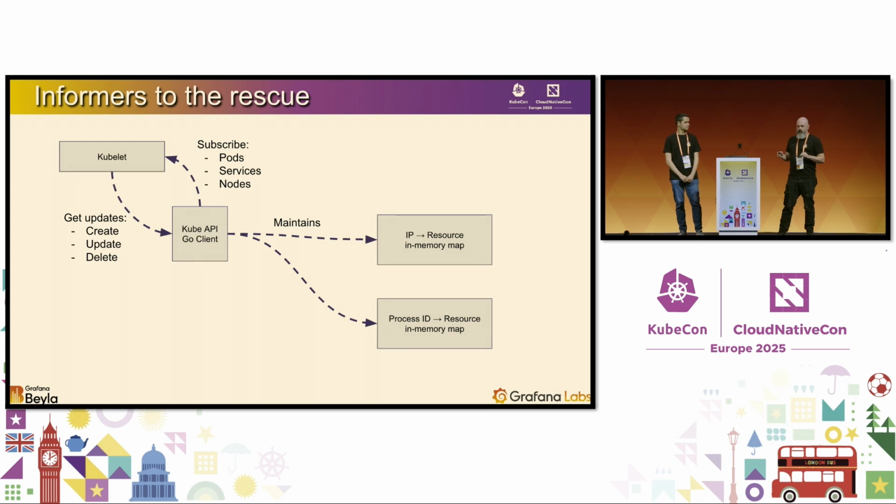Well, Mario mentioned this in the previous session, but I'm just going to recap. We use a Kubernetes abstraction called informers, which is provided in the Kubernetes API Go client. And basically, it allows us to subscribe to events happening in the Kubernetes cluster. In this case, we are subscribed to pods, services, and nodes.